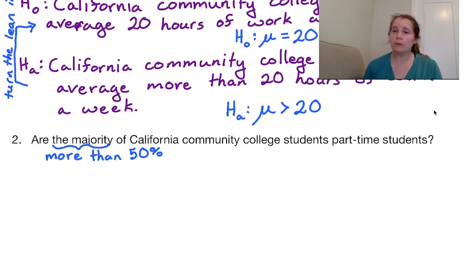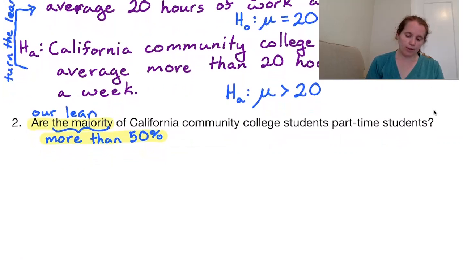When we do symbols, we will need to translate to more than 50%. So our lean is that the majority are more than 50%. That is our lean, or our hunch. We're leaning that it's more than 50% as opposed to being equal to 50%.